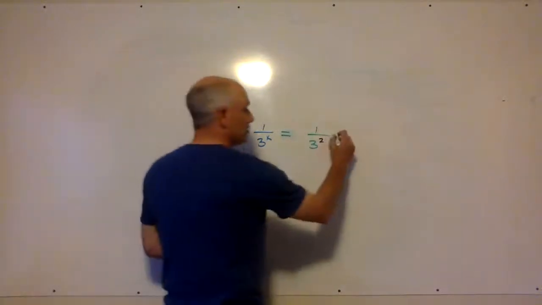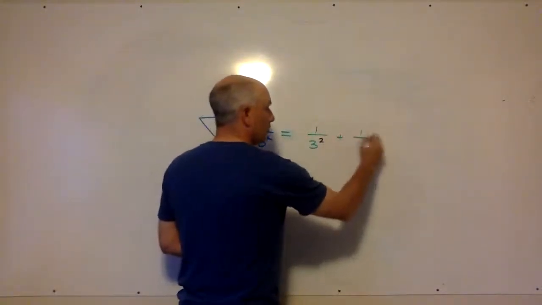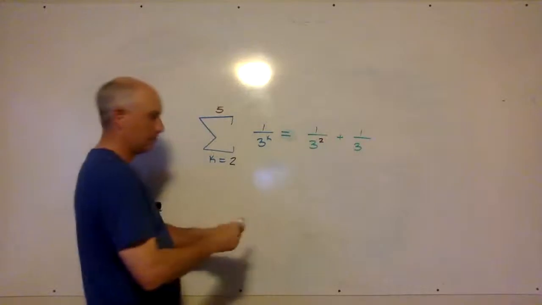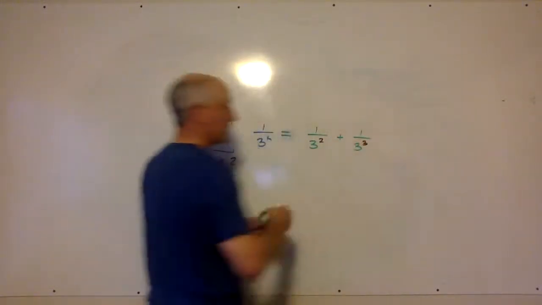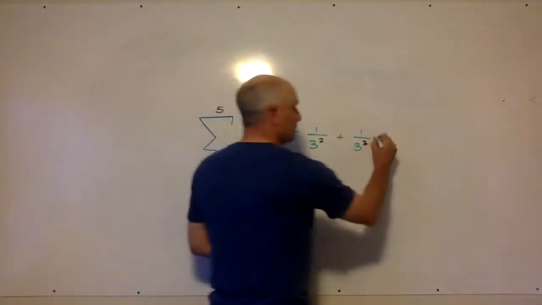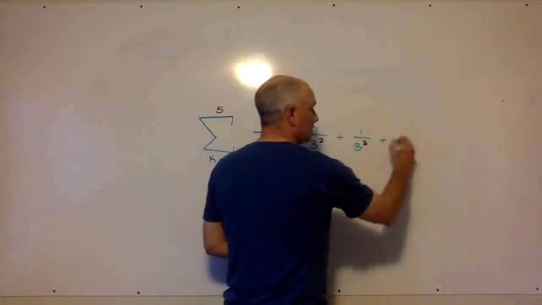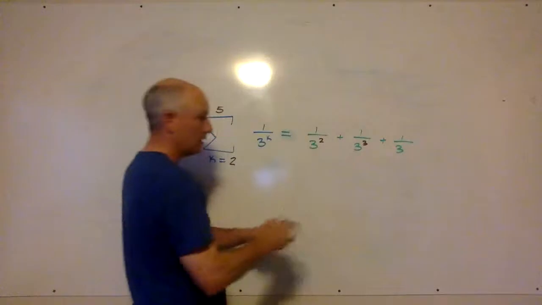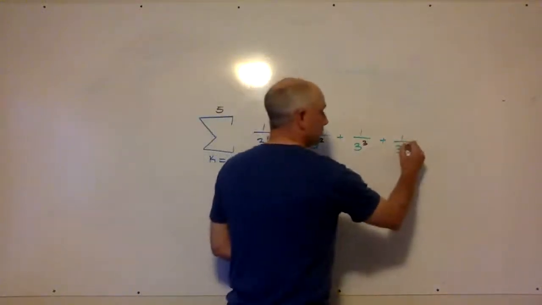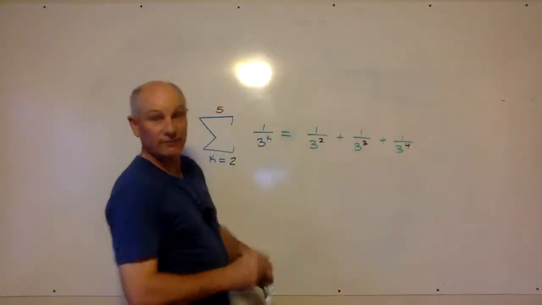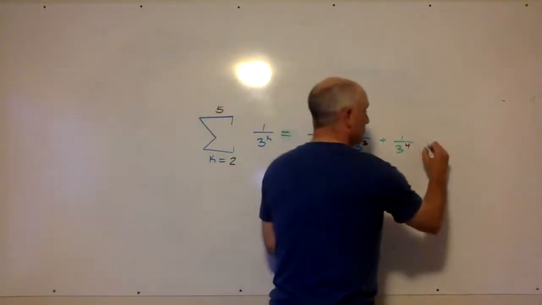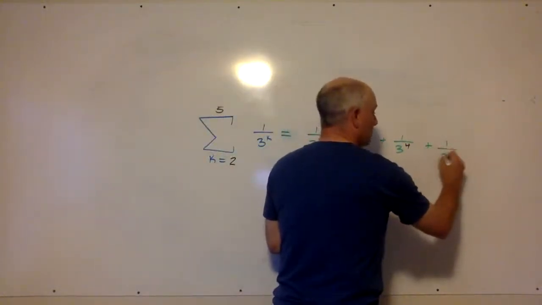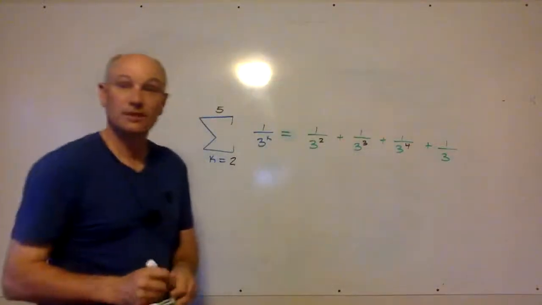Then I'm going to add to it 1 over 3 to the third power. Goes up by an integer. Then I'm going to add to it 1 over 3 to the fourth power. And finally, I'm going to add to it 1 over 3 to the fifth power.